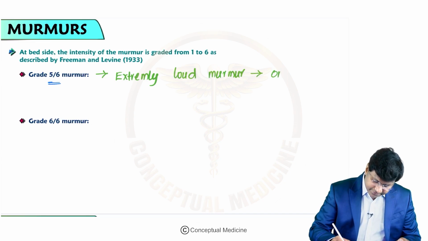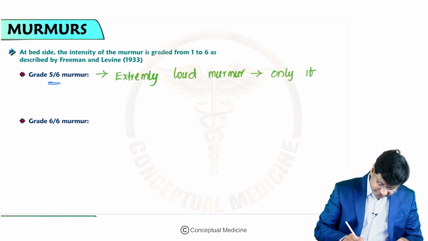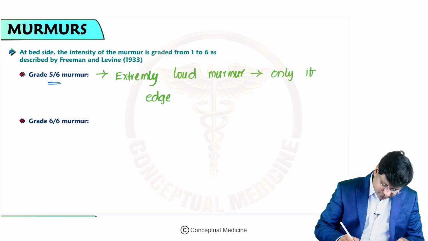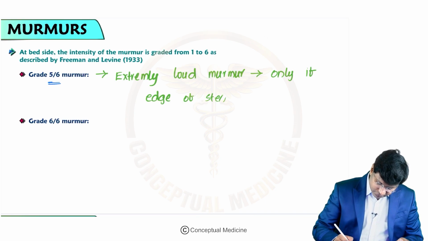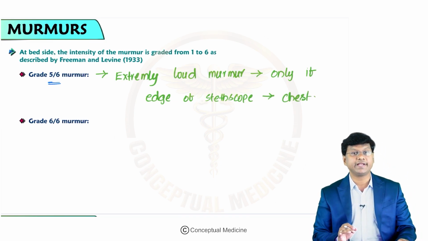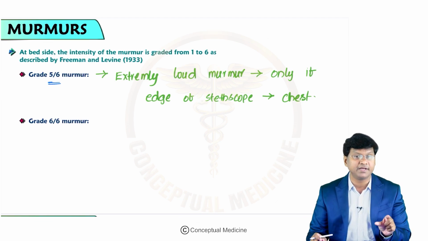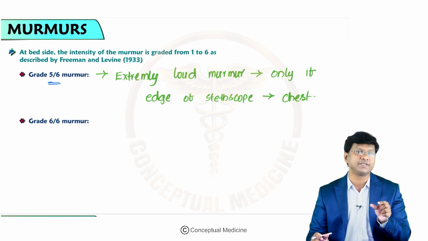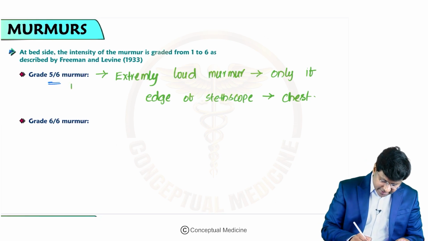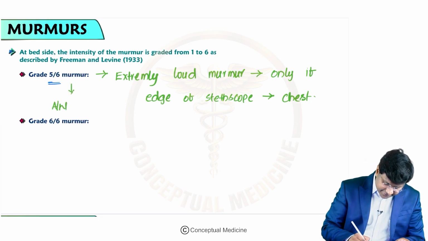That is your grade 5 by 6 murmur, right? And this murmur cannot be heard if the stethoscope is removed from the chest. And it is also the murmur which is associated with thrill.